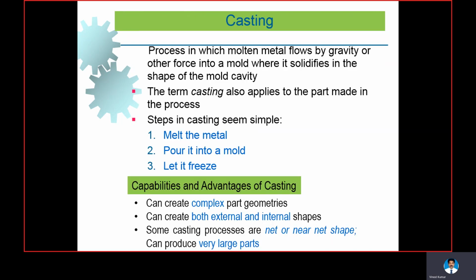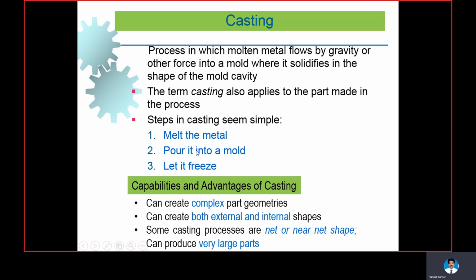Now the casting process involves three stages. First stage, we have to melt the metal. When the metal gets heated, it reaches its melting point. After absorbing latent heat of fusion, it gets converted into liquid metal, and then this liquid metal is poured into a mold.